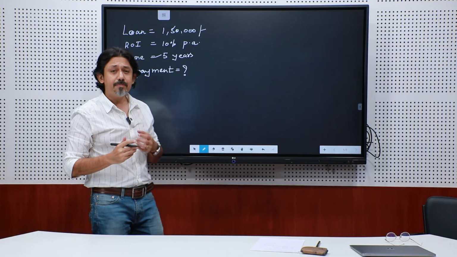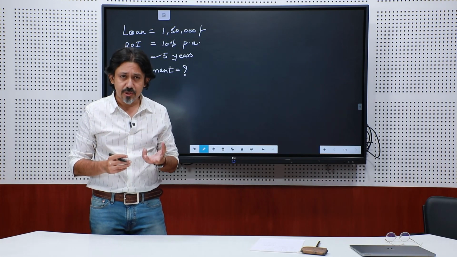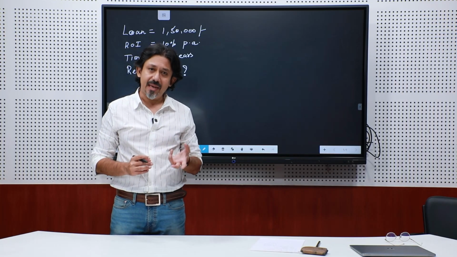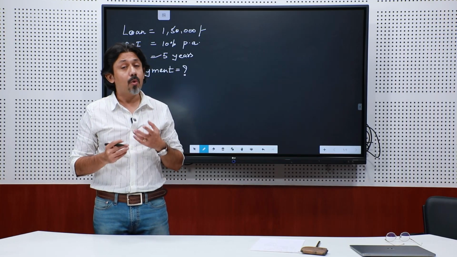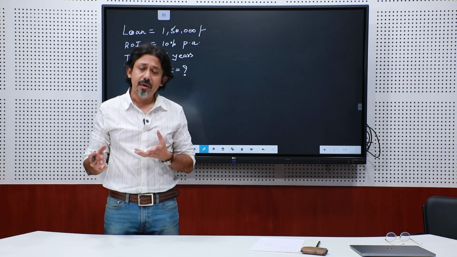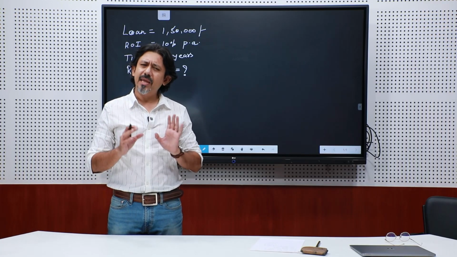There are different types of repayments available in the real world. You could be paying a monthly installment, which is popularly known as an equated monthly installment, an EMI. It could be a quarterly repayment, a bi-monthly repayment, a bi-yearly repayment, which is every 6 months, or a yearly repayment. Let us take it simple right now.